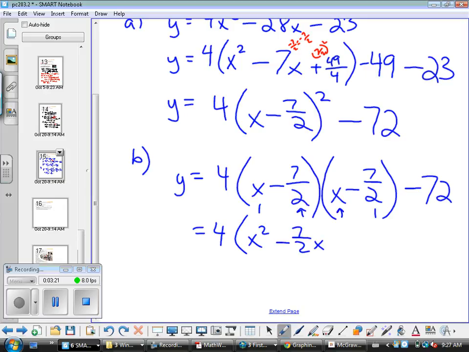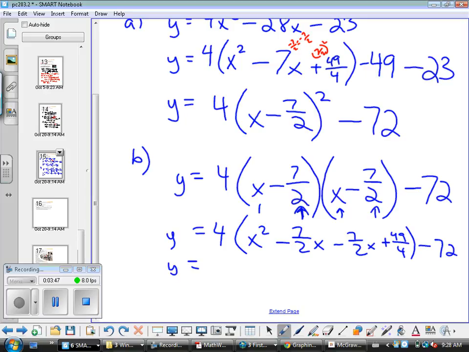Inside terms, negative 7/2 x. And then last terms, this one and this one again, and that becomes positive, as the negatives cancel, positive 49 over 4, minus 72. Put that part in the brackets because I do still have that 4 on the outside. Then distribute the 4.